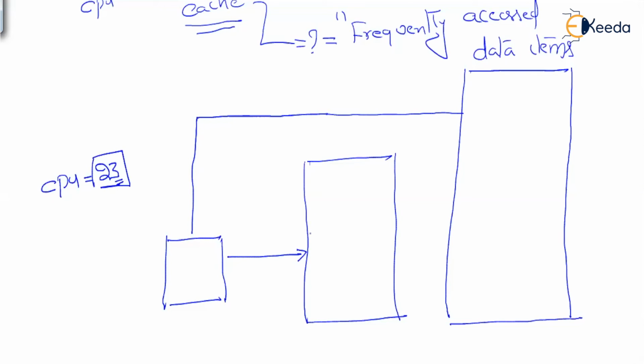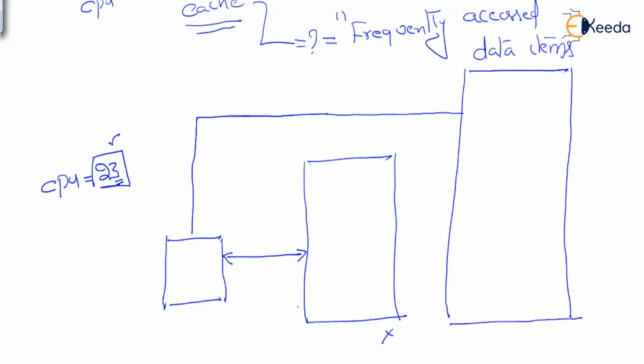The access to the cache is very fast. So the CPU is going to search for this data element in the cache. If it is present, it reads it directly from the cache. But let us say the data element at the 23rd address is not present in the cache, which is nothing but a miss.